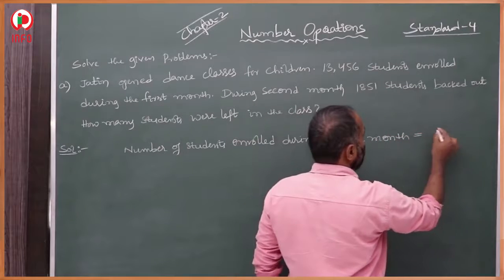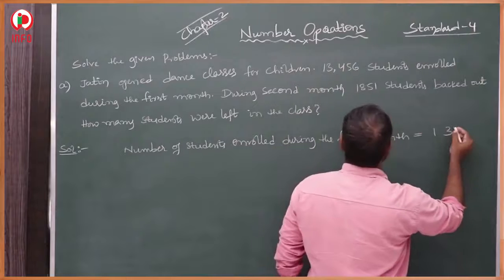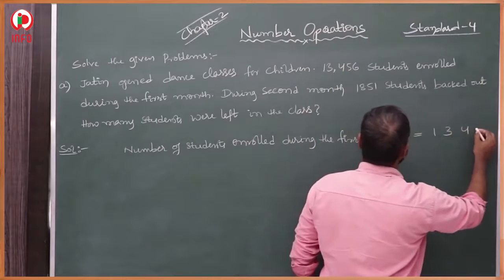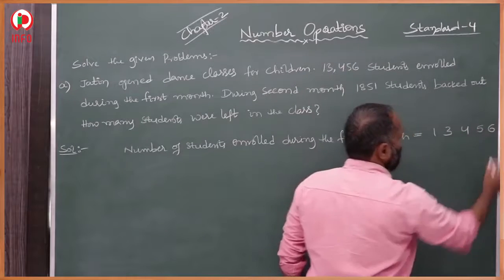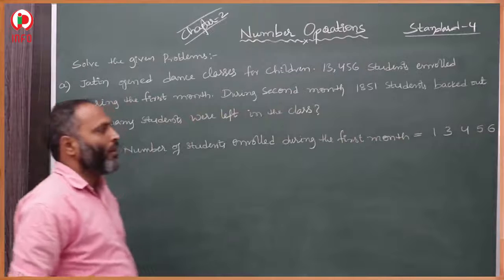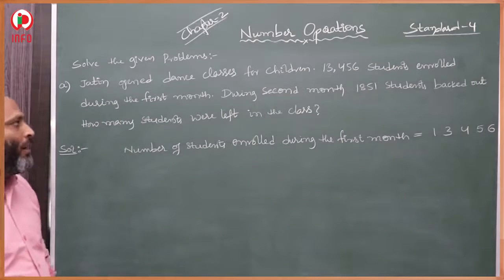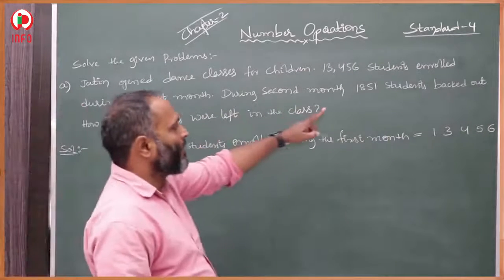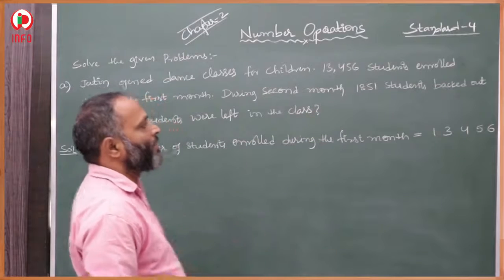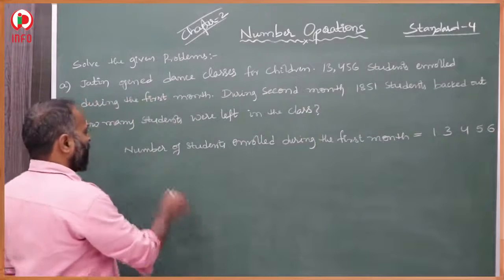How many students? 13,456. This many students enrolled. Then during the second month, this many students backed out.